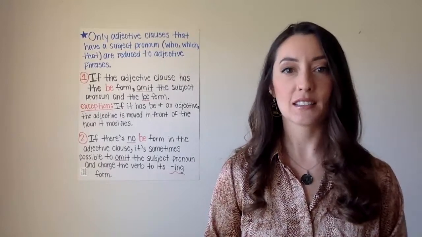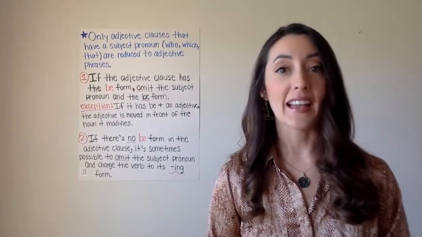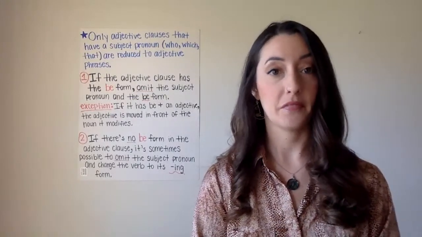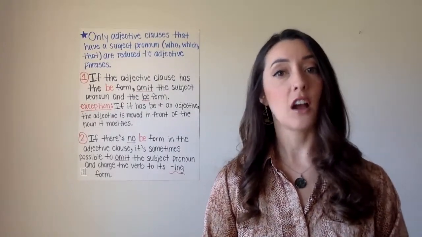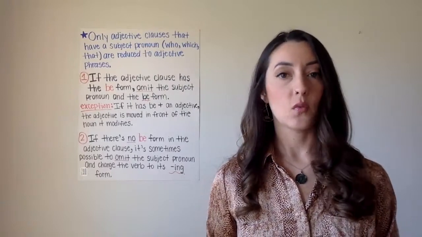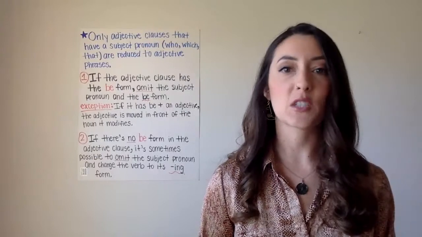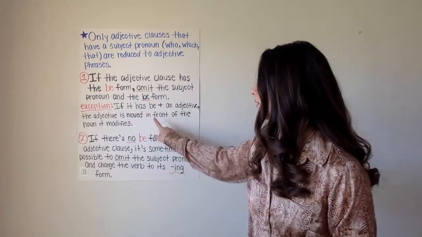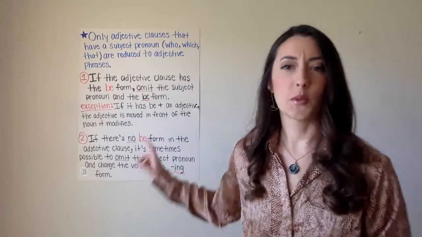Omit the subject pronoun and the be form of the verb, that is the form of be, all right? If the adjective clause has the verb form be anywhere in it, we are going to delete the subject pronoun and the form of be. There is an exception for this, which we will cover in just a moment.